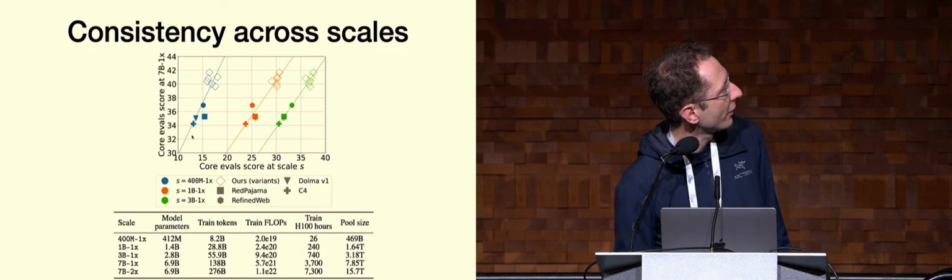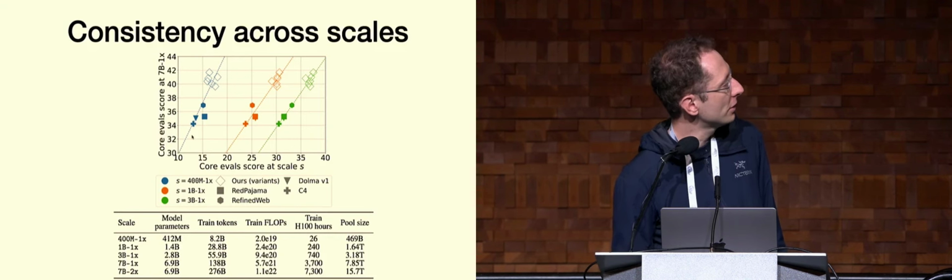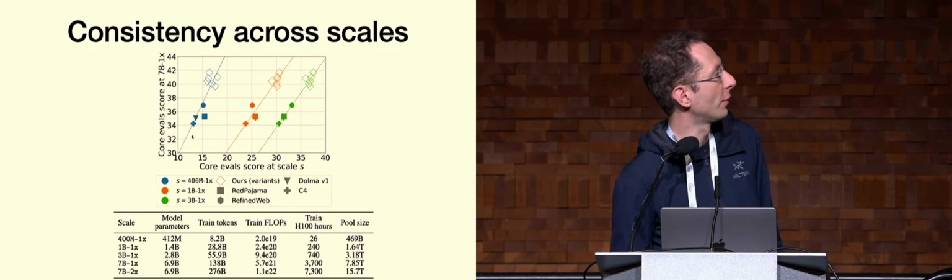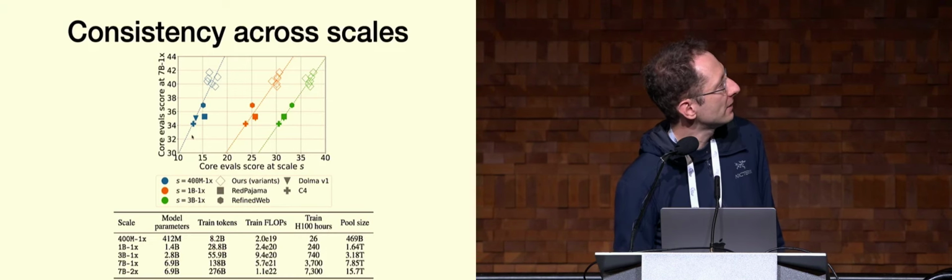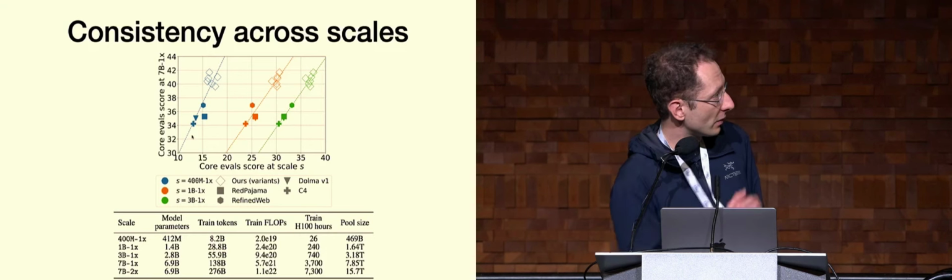The 7B scale is on the y-axis, and blue means you do the data curation strategy at the 400 million scale, and then we see how well this correlates with the 7B scale. We do the same also for orange, the 1B scale, and for the 3B scale, which is in green. What you see overall is that there is some noise, but the best training sets at the 7B scale are also the best training sets at the smaller scales.